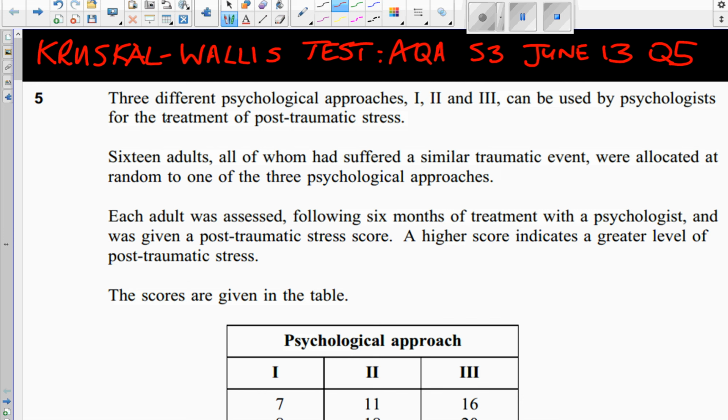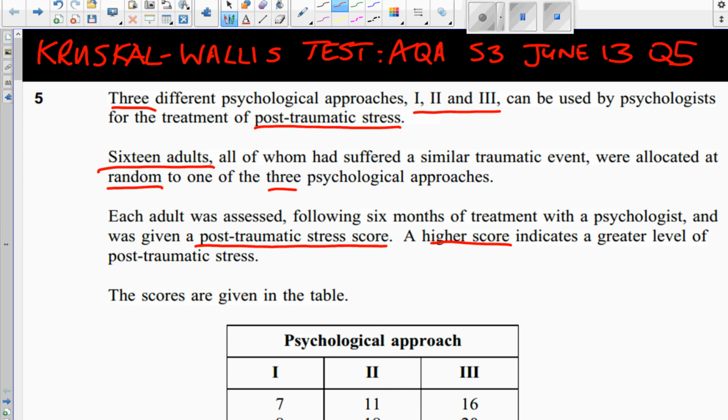Firstly, 3 different psychological approaches, 1, 2 and 3, can be used by psychologists for treatment of post-traumatic stress disorder. 16 adults, all of whom suffered a similar traumatic event, were allocated at random to one of 3 psychological approaches. Each adult was assessed following 6 months of treatment and was given a post-traumatic stress score.